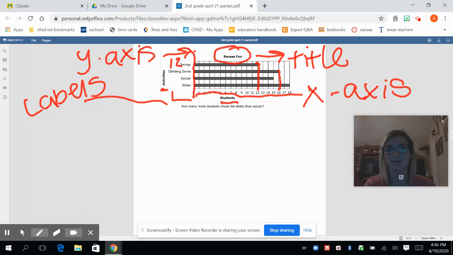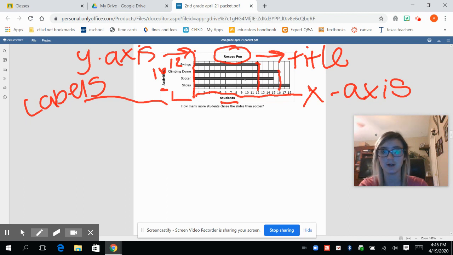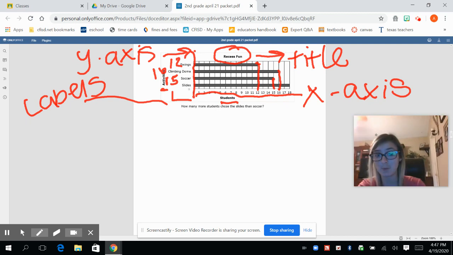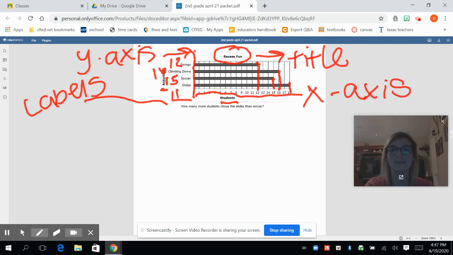It goes down here at the 16. 16 students are using the climbing dome. For soccer, if we follow the bar and go down where it stops, we're at 15. So 15 students are playing soccer. If we go down the slides, man, were they popular, all the way down to the end with 18 students using it.